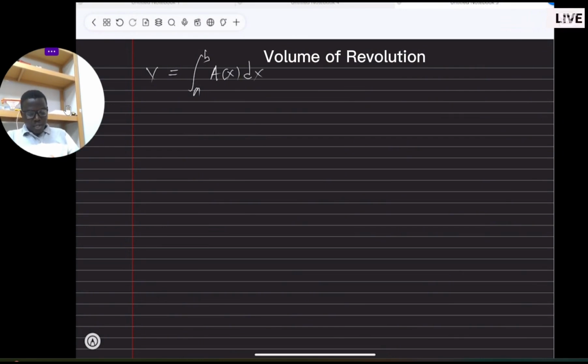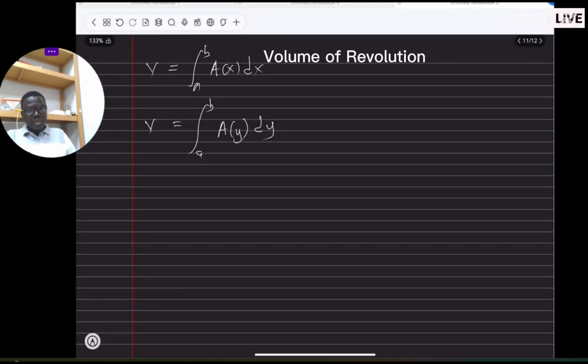For the y-axis, if you are rotating the curve about the y-axis, the volume can be equal to the integral over the limit a to b of the function. Because we are revolving it around the y-axis, we need to express the function in terms of y. In that case, the area will be in terms of the y variable, that is A of y, and then with respect to y.